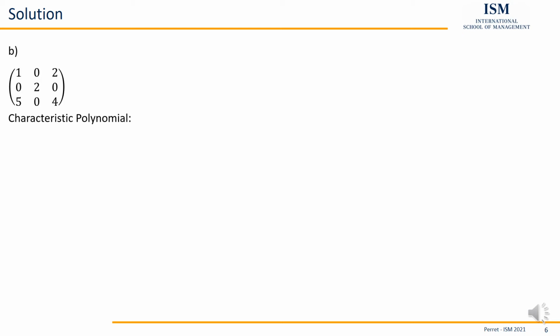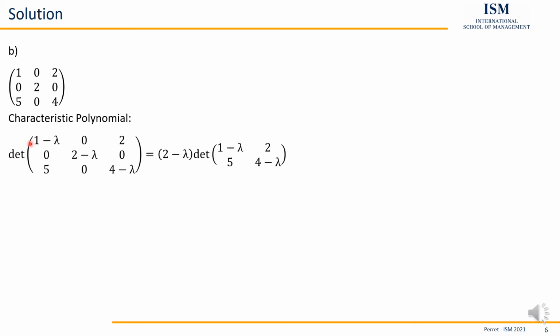First off, we calculate the characteristic polynomial by subtracting lambda from each of the diagonal elements and calculating the determinant of this matrix. To easily get our result here, we can use the rule for determinants. So we select a row or a column with as many zeros as possible.